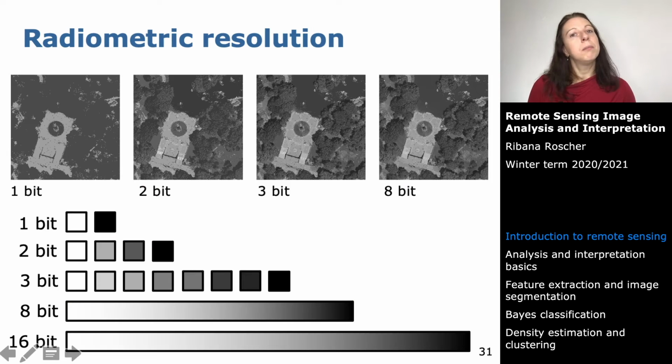So after talking about the temporal resolution and the spatial resolution, there's the radiometric resolution, which is also very important. And here we talk about how many intensities are actually in an image. So when we have 1 bit, it's just black and white.